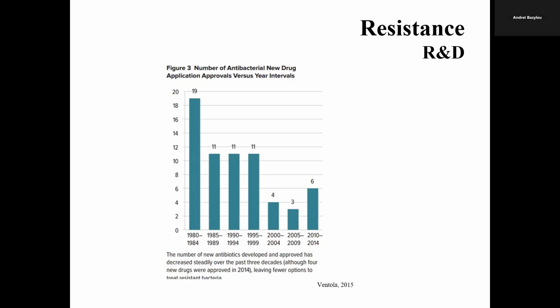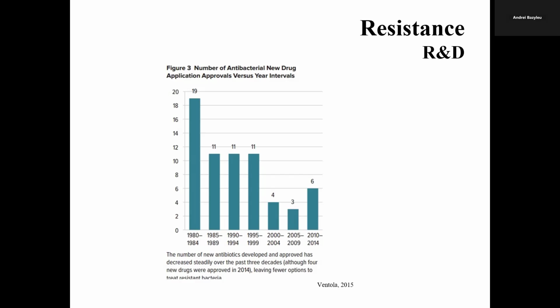So with all that pressure for 100 years, scientists started realizing that older antibiotics don't work anymore because of resistance. We started losing those drugs. They're just not effective anymore.